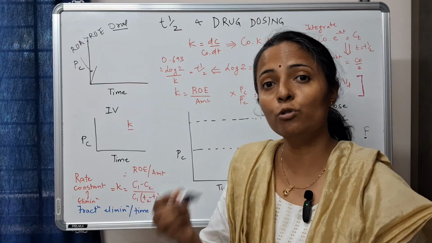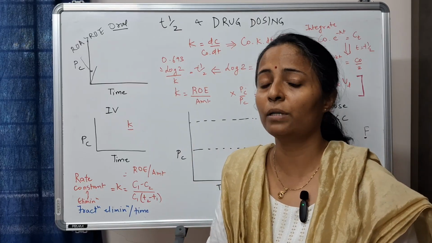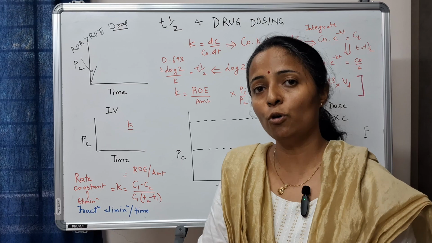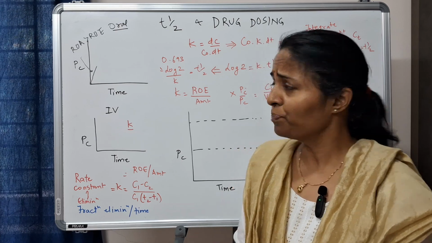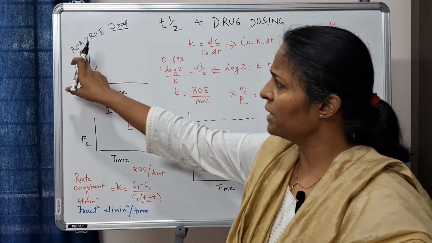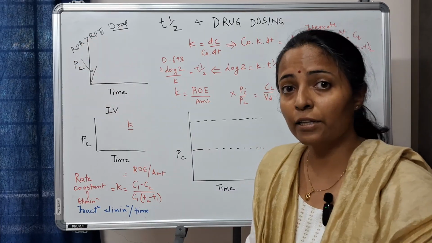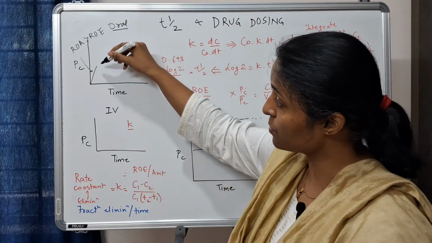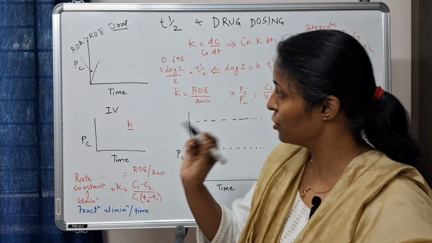Yes, some drug will also distribute into the various compartments, as we have seen in the video on volume of distribution. But to simplify, here the rate of absorption is greater than the rate of elimination. That is why the plasma concentration is rising. Yes, it is also distributing.